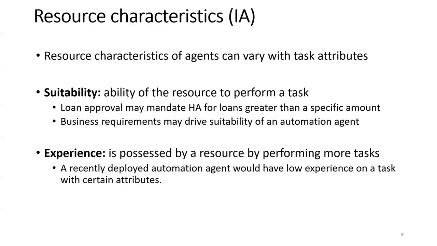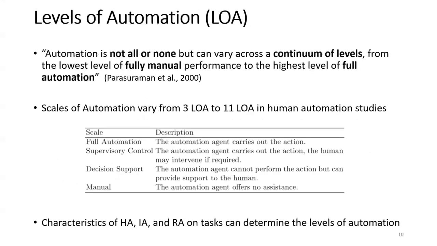For example, a loan approval may require an HA to approve loans greater than a specific amount. Similarly, you might have experience, where the resource gains experience by doing more tasks. A newly deployed intelligent agent would have poor performance, a poor experience on certain tasks.